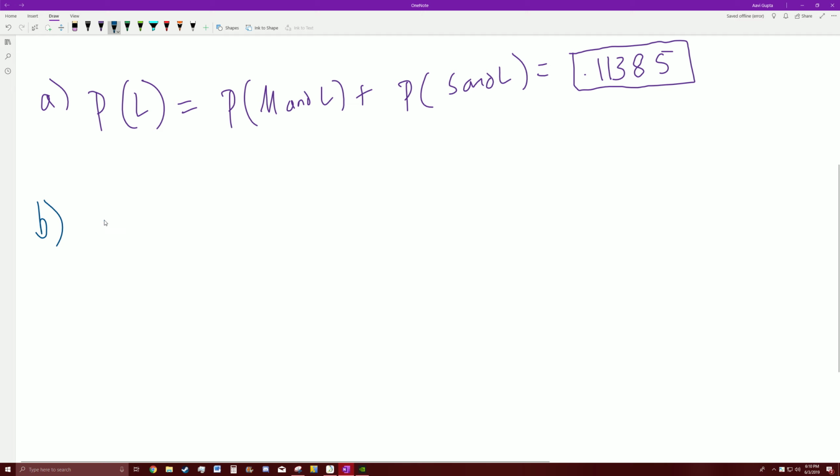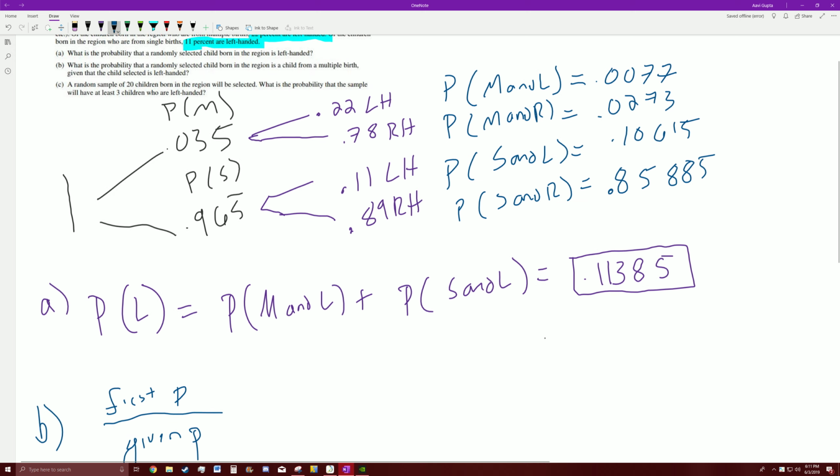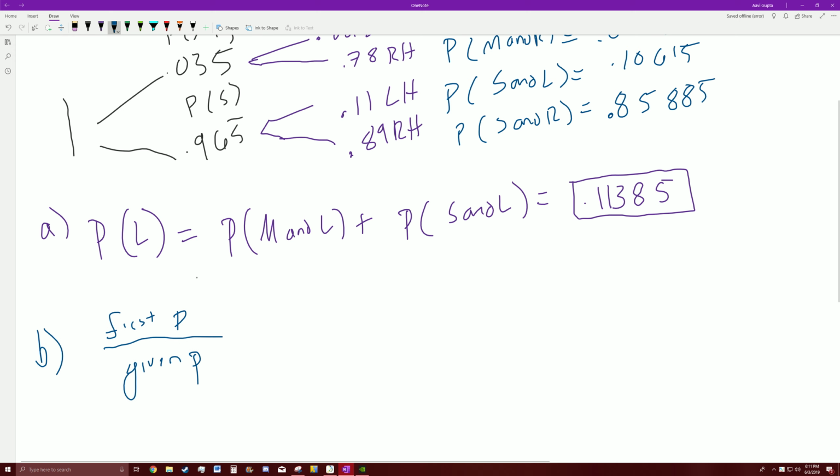You have your first probability, and your given. Your given probability is always your denominator. Your first probability is always your numerator. So now, given that the child is left-handed, we just found that probability, and it is 0.11385. So we can state this is equal to 0.11385. That's our denominator.